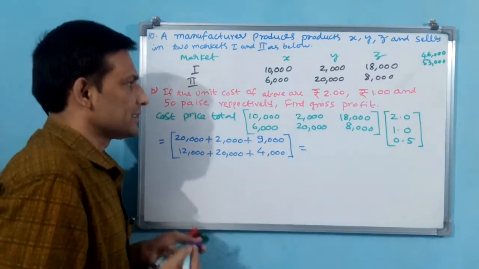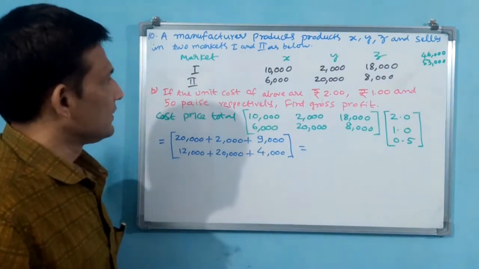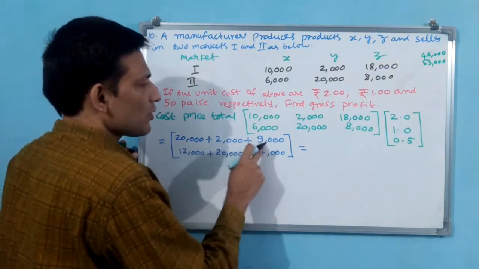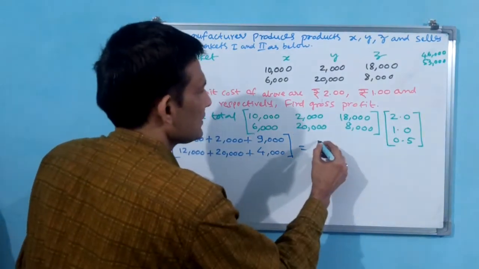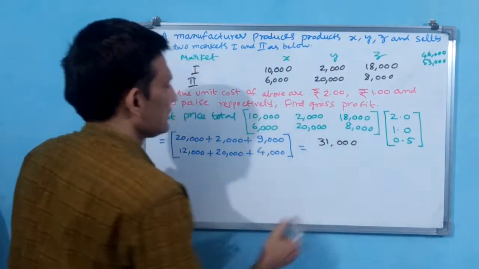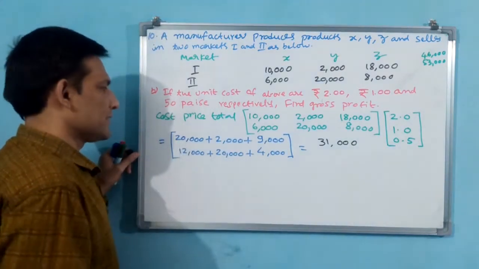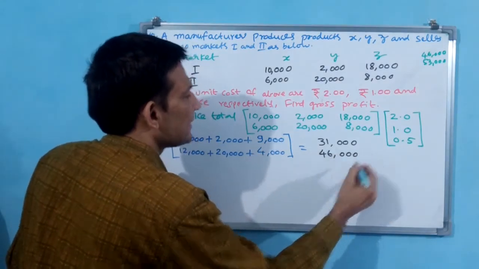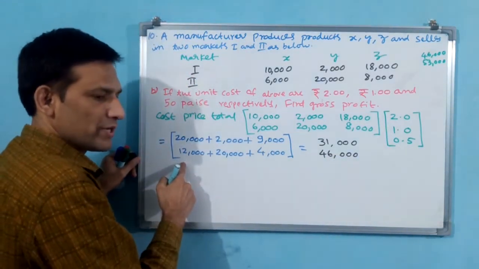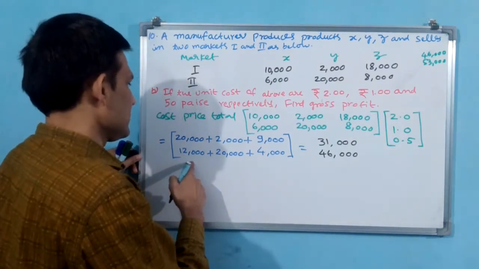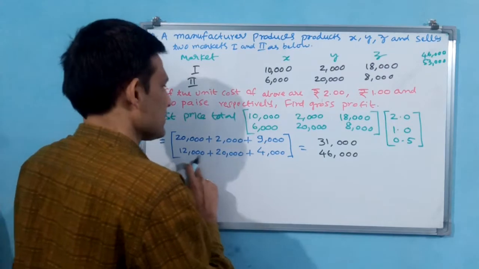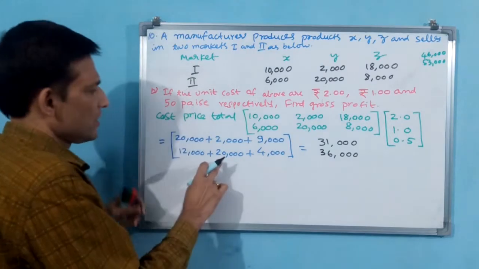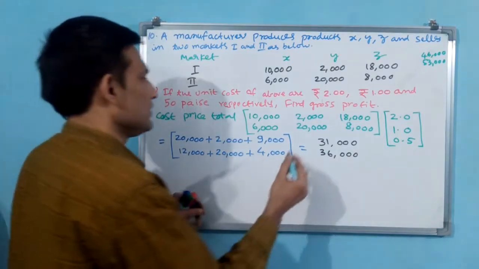Then what will be the resultant? Calculate the resultant. Final figure: 22,000 plus 9,000 is 31,000. 11 plus 20, yes, 31,000. 42 plus 4 is 46,000, is it correct? 24 plus 12, 36,000. 32 plus 4, 36 only.